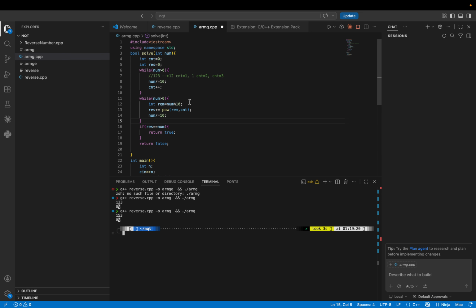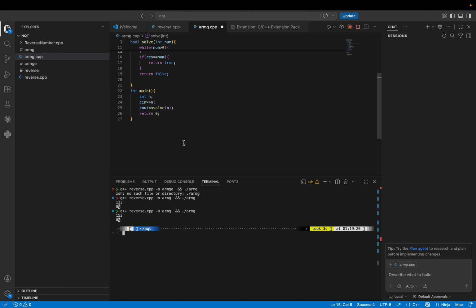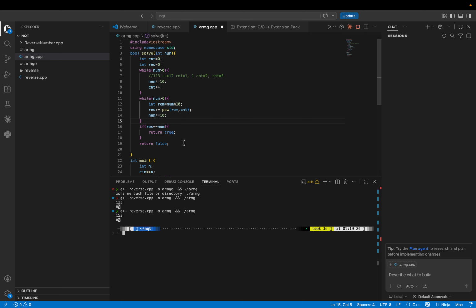Suppose 3 comes, so 3 to the power 3 is 27. We'll add 27 to this, then 5 will do, then 1 will do. What is the issue then? What is the issue?